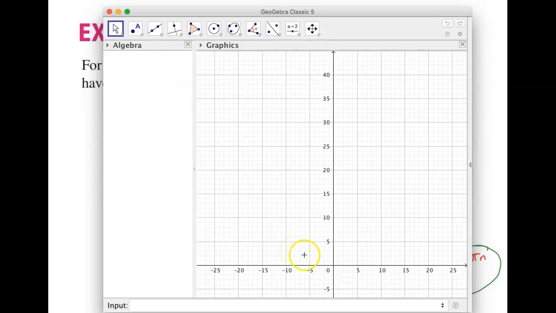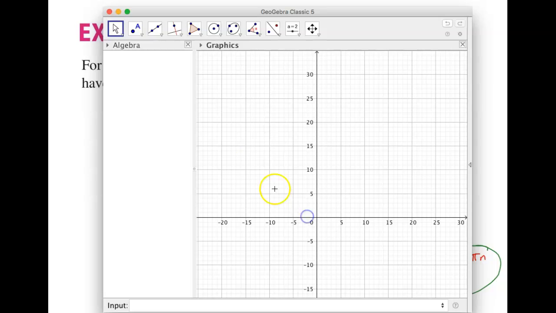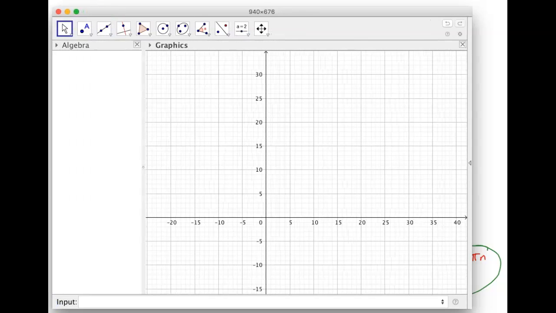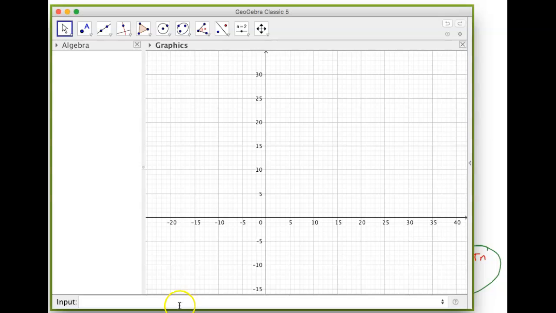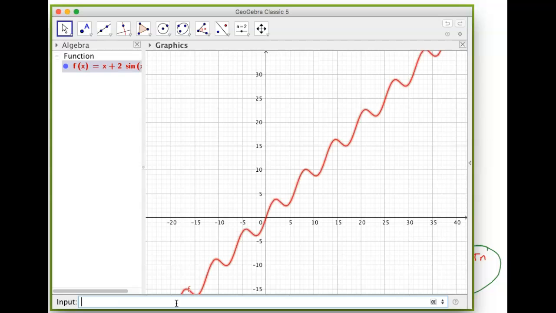All right, so let's look at what we established graphically real quick. So our function was x plus 2 sine x.